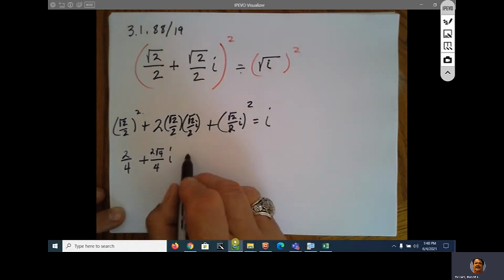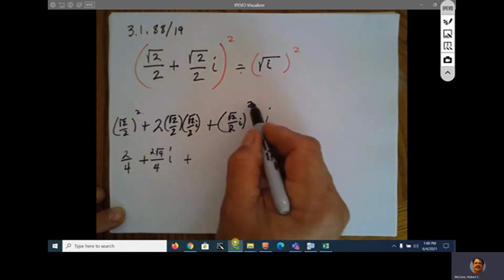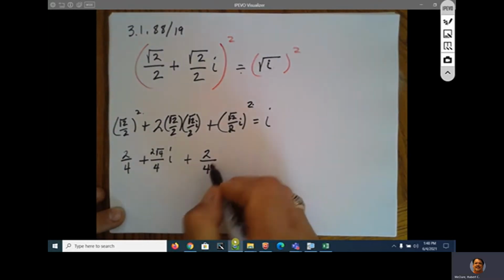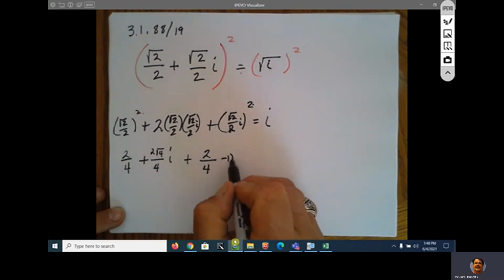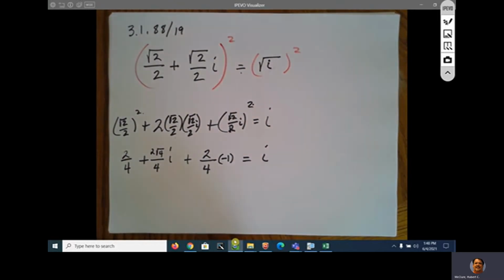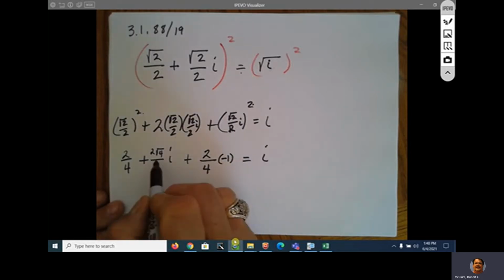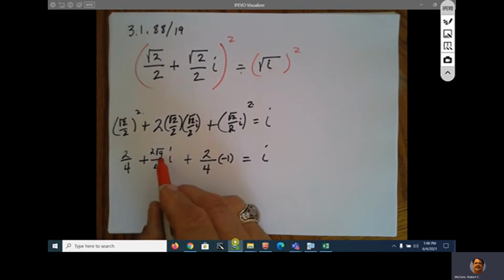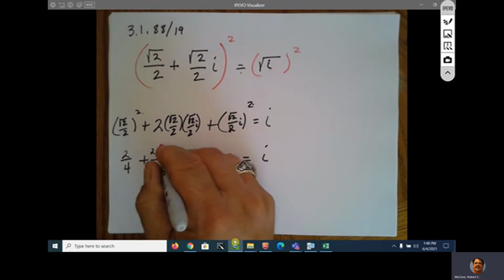You have i plus square root of 2 squared is 2. 2 squared is 4. i squared is negative 1. And this already looks good. 2 times the square root of 4 is 2 times 2. 4 is over 4, so that cancels.